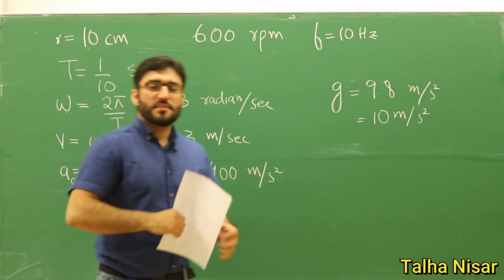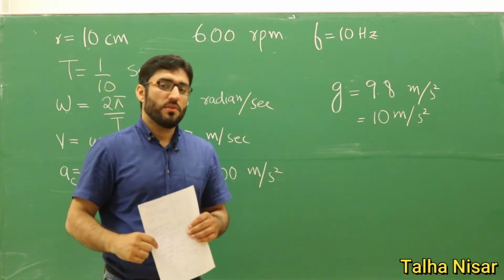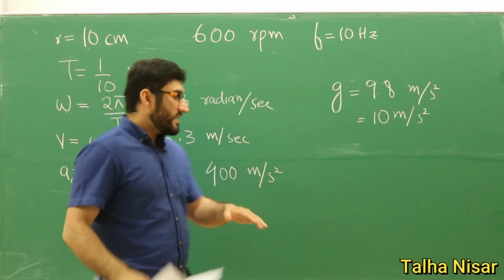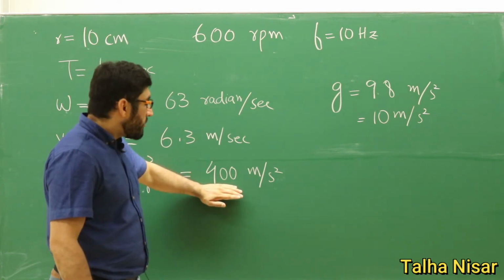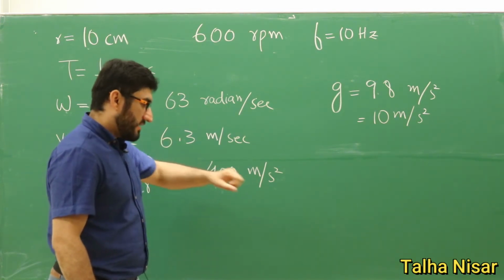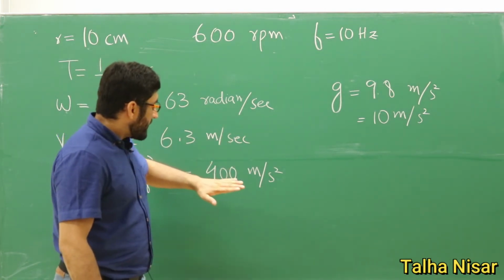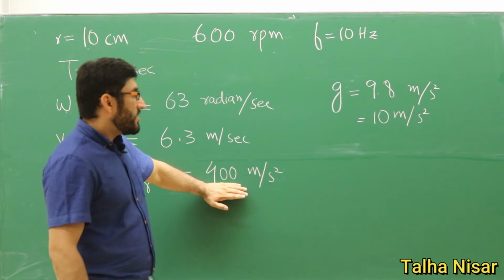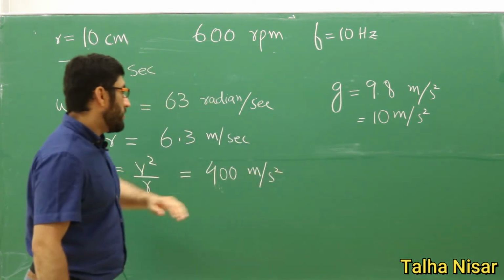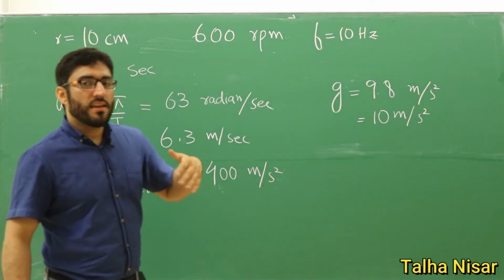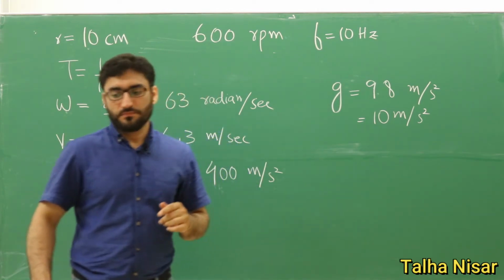That's why the vacuum cleaner is sucking everything in. When we turn on the vacuum cleaner, the air is moving very fast. This acceleration is dominating the gravitational acceleration. So now we know why everything is sucked in, even though we have gravity there.